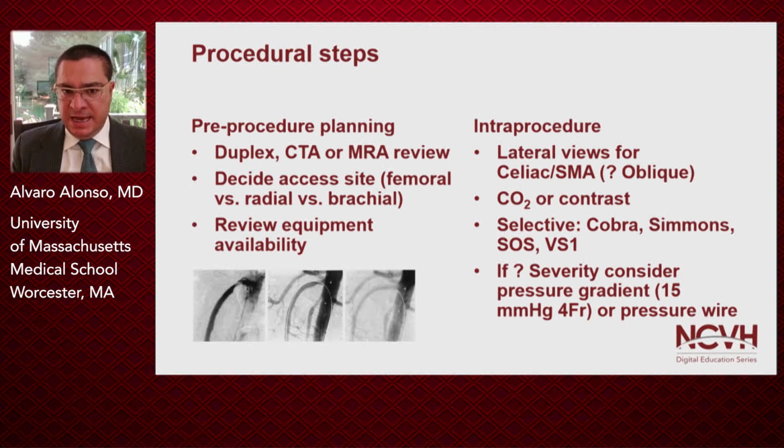The duplex, the CTA, the MRA, because that will help you decide which access site you're going to try to use, whether femoral or radial or even brachial, depending on what the anatomy looks like, what the angulation of the takeoff of these vessels is, etc. I think that if people venture into doing transradial or transbrachial procedures, it's important that you review and ensure that you have stents and balloons with a shaft length and sizes that you will require to do that.